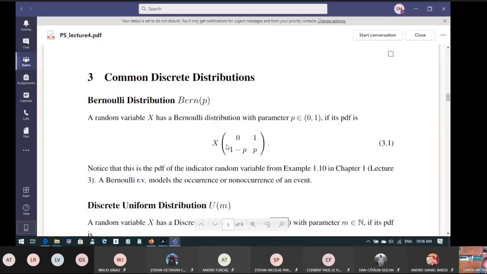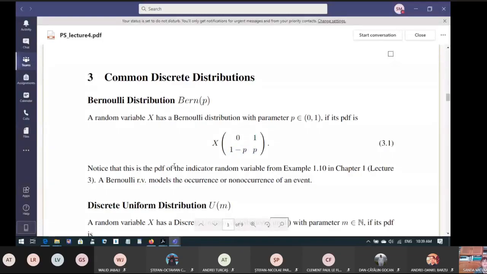If its PDF is this simple PDF that we've already seen, like the indicator of an event. So it takes two values, 0 and 1, takes 1 with probability P, the parameter, and then obviously the other one with probability 1 minus P, because remember the sum of the probabilities in any PDF has to be equal to 1.